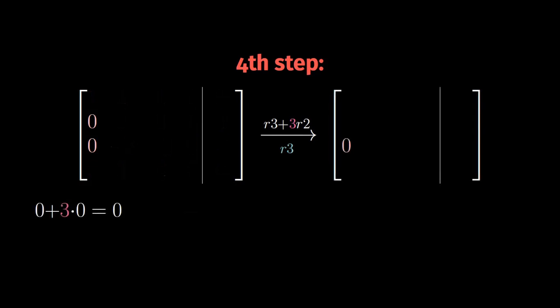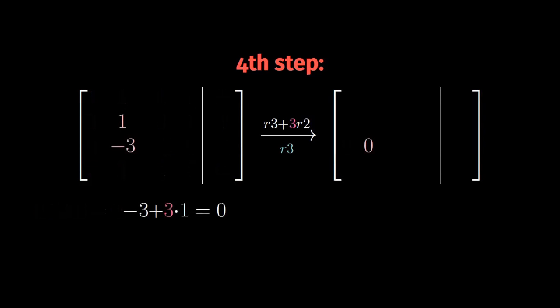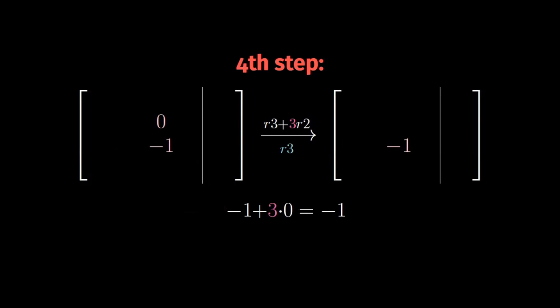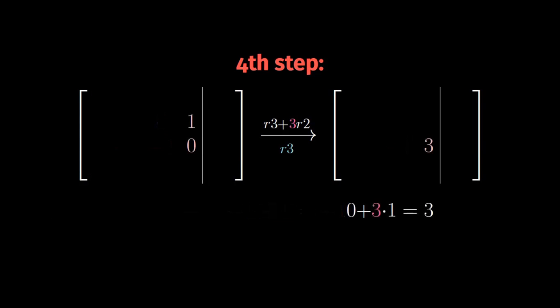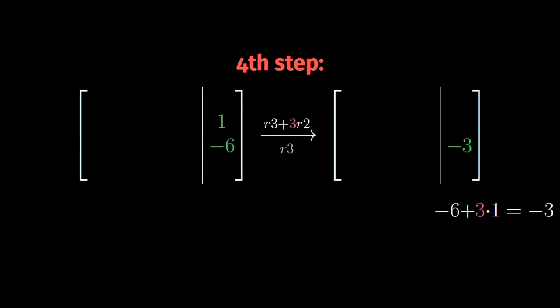We have 0 plus 0, which is equal to 0. Minus 3 plus 3 times 1, which is equal to 0. And minus 3 disappears. Minus 1 plus 3 times 0, which is equal to minus 1. 0 plus 3 times 1, which is equal to 3. And finally, minus 6 plus 3 times 1, which is equal to minus 3.